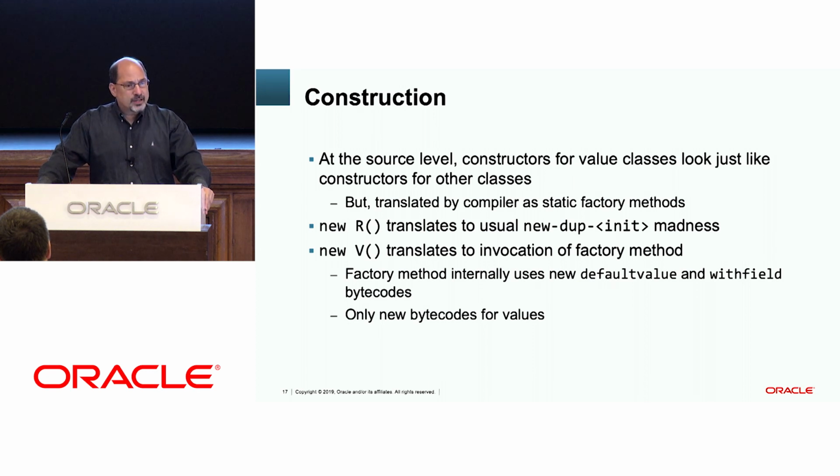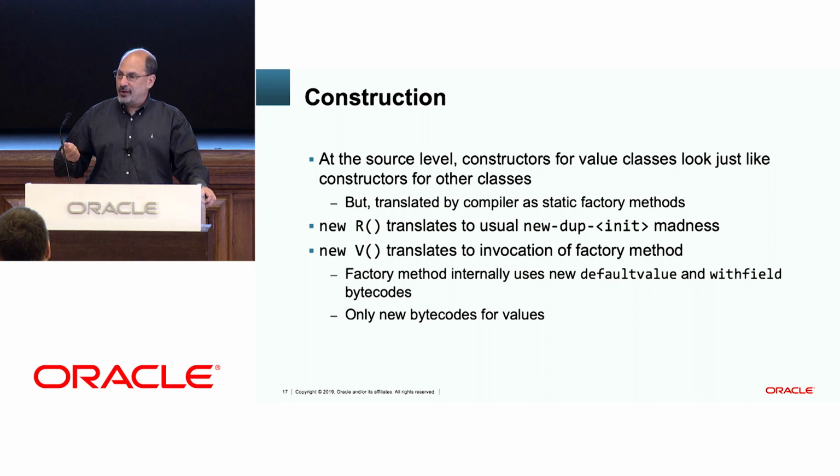When you instantiate a value type, it gets translated into something much more sane, which is an invokestatic of a factory method. So when you write a constructor for a value type, the compiler is going to translate it into a static method that's suitable for being called with invokestatic. And that method itself uses the two new bytecodes that we've added.